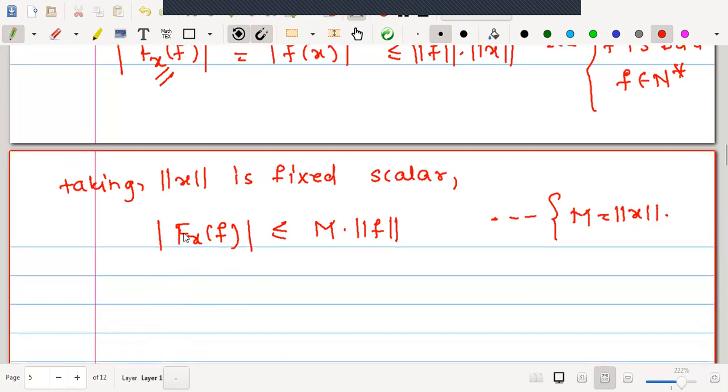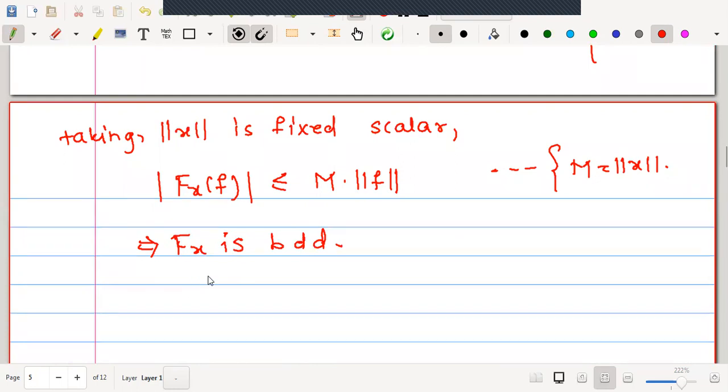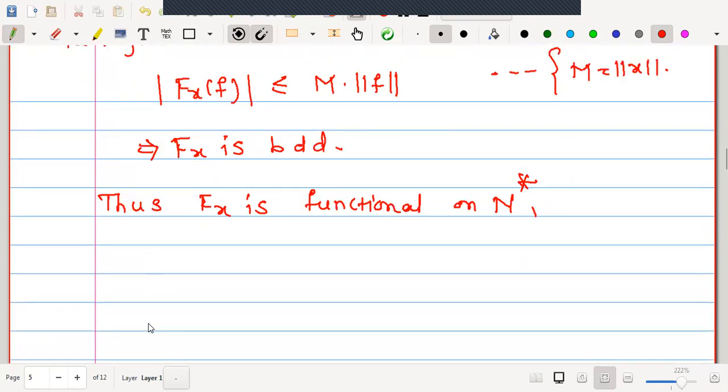Now look at the inequality. Mod Fx of f, Fx operated on f, is less than or equal to constant into norm of f. Therefore may I say Fx is bounded. Fx is bounded. Thus we have proved Fx is both linear and bounded. Therefore one can say that Fx is a functional defined on N star.